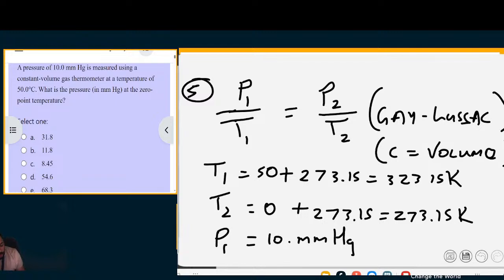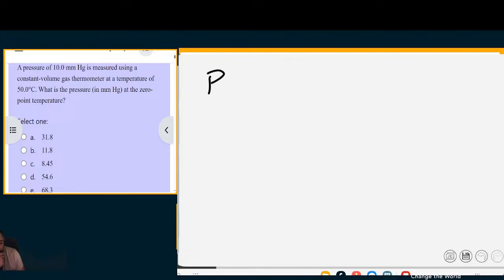So how do we get P2? P2 is just P1 over T1 times T2. So P2 is equal to P1 multiplied by T2 over T1.